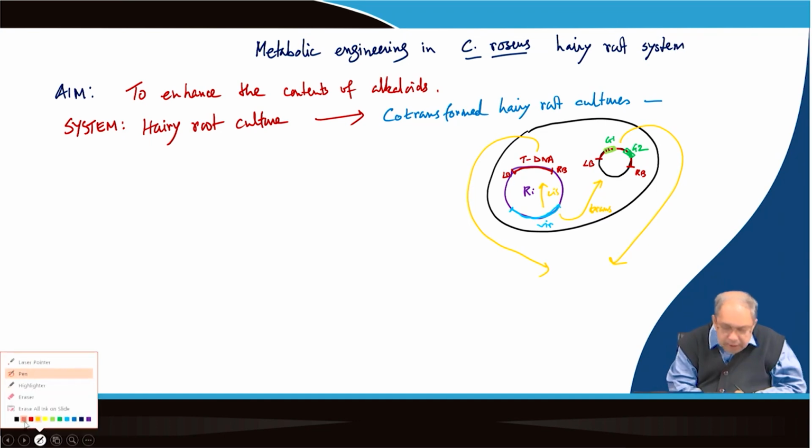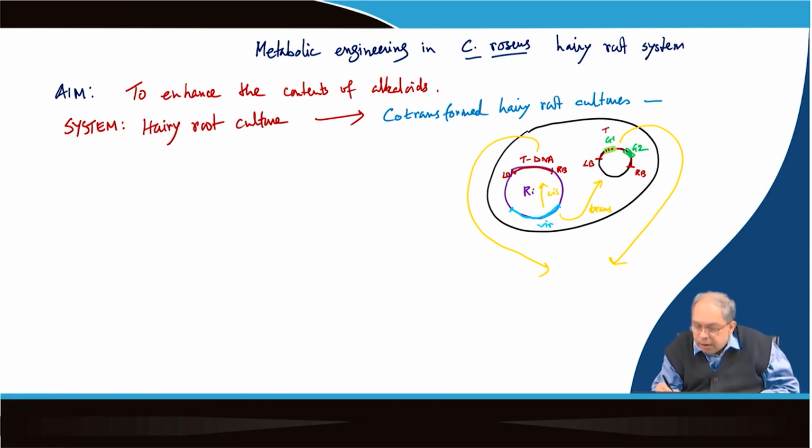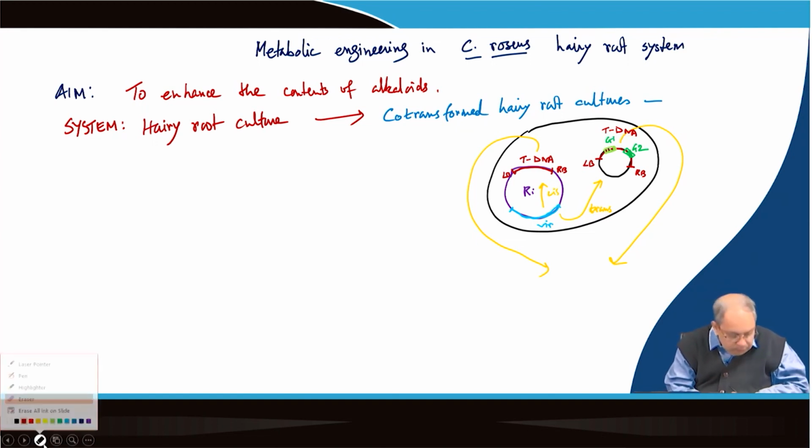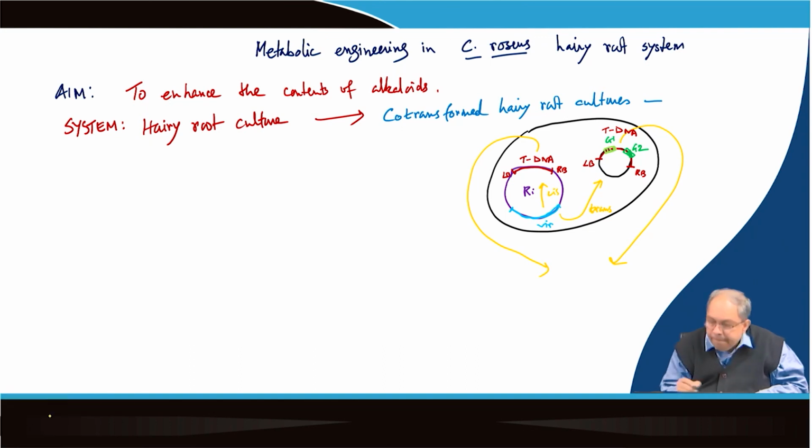So, this is basically the tDNA of the synthetic plasmid. Well, and then what will happen?